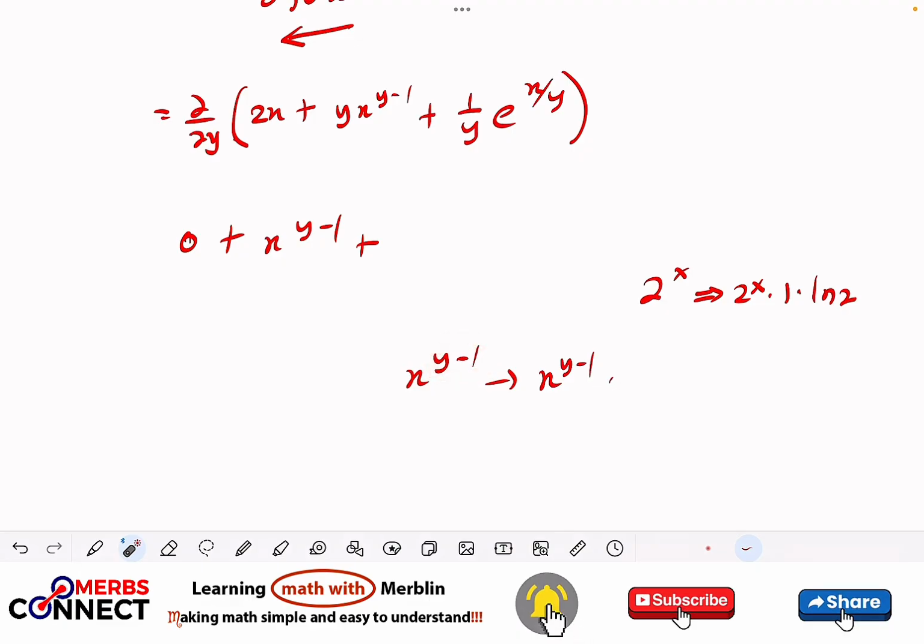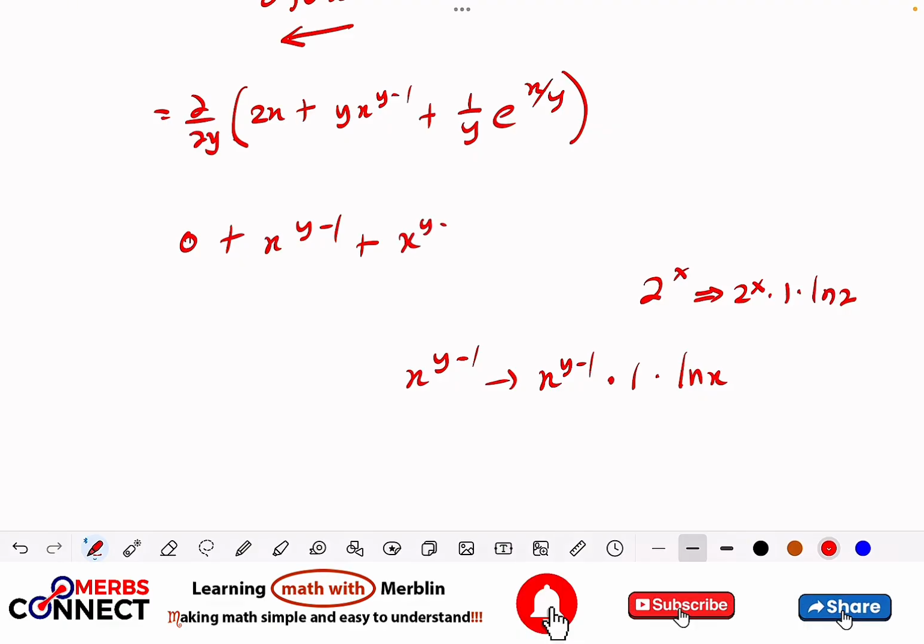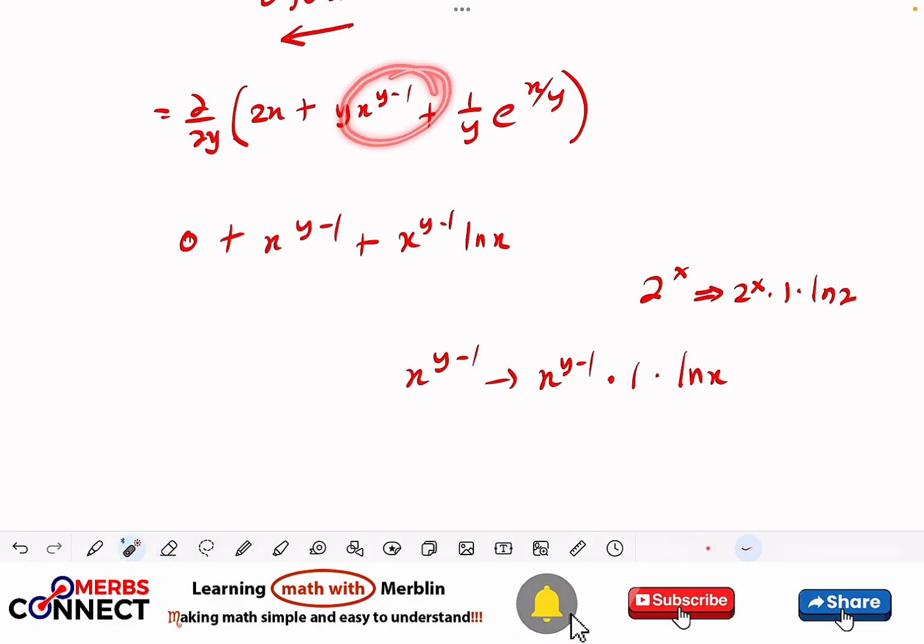We are dealing with respect to y, so this is going to give us 1 times ln of the base, which is x. So that is basically what you're going to get when you multiply. So when I do this one, I'm going to have x^(y-1) ln x. This is what I'm going to get for differentiating this using the product rule.